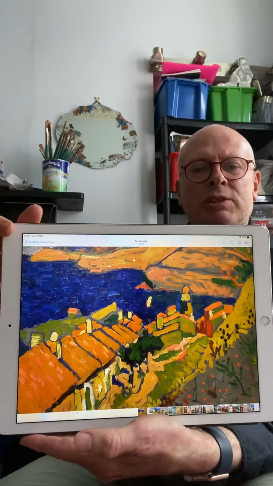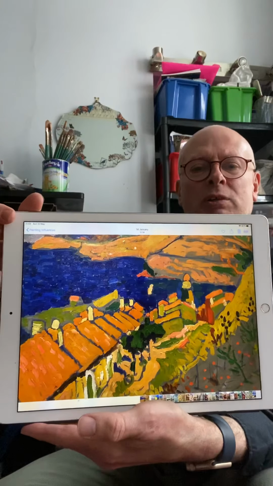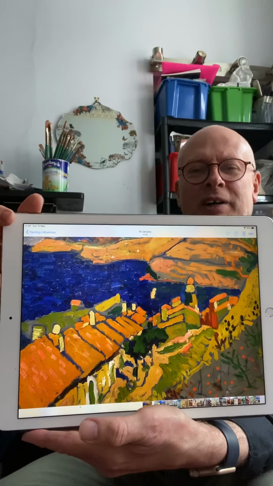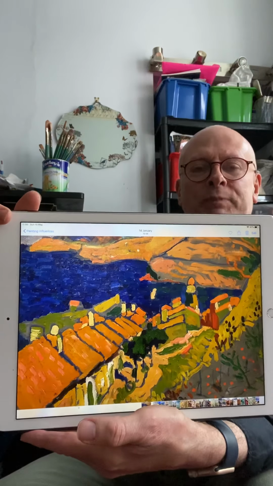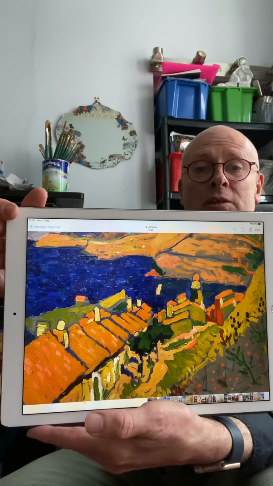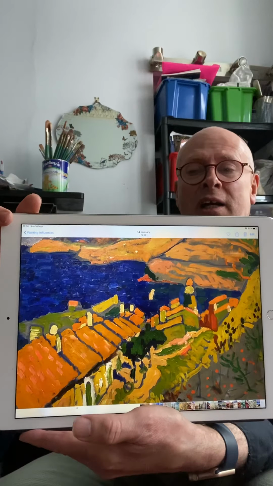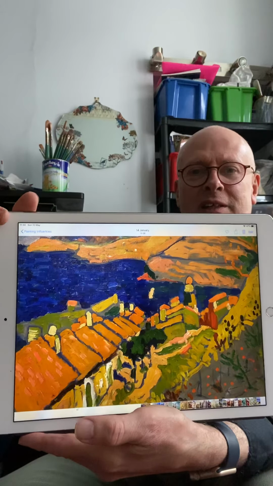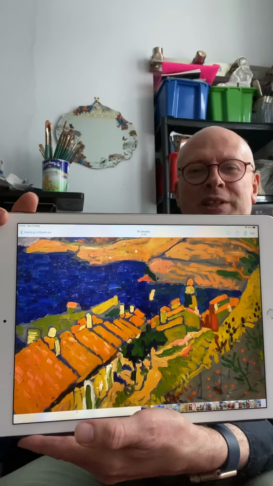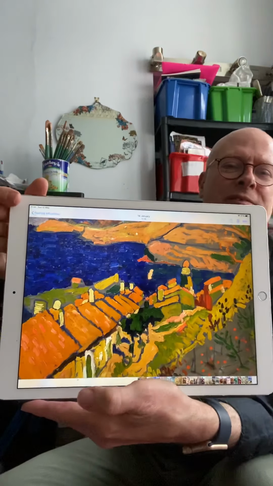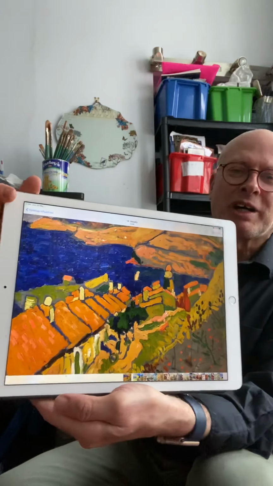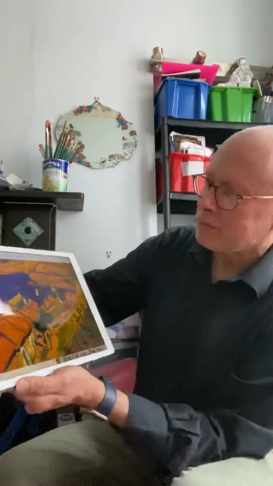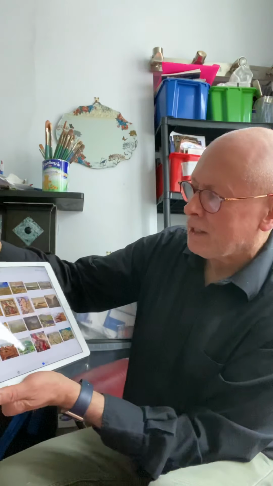Derain was known as a Fauvist, one of the wild beasts in terms of the selection of a high range of colour, and he worked at one point alongside Matisse, who was one of the leading lights in the development of semi-abstract art. So I just love this huge bold colour and the overlay of texture. Okay, I'll move away from this one.